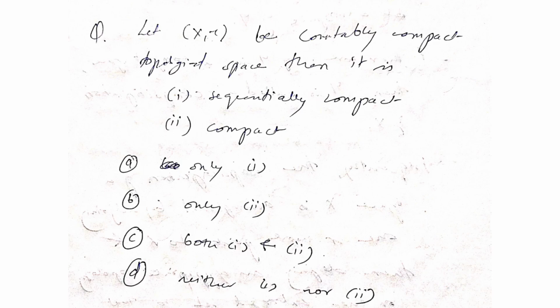So the next question is, let X comma tau be a countably compact topological space, then it is: first option, sequentially compact; second, compact. Which of these options will be correct? Is it option A, only first, or B, only second, or C, both 1 and 2, or D, neither 1 nor 2?